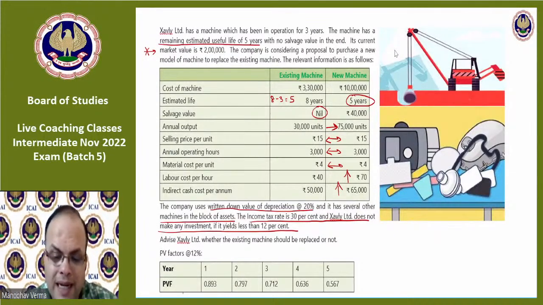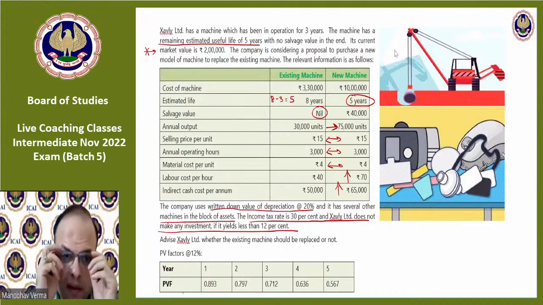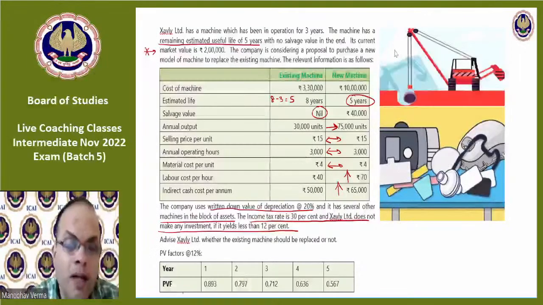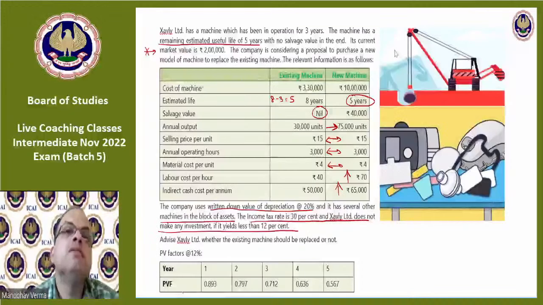So why would there be a tax impact? That's my general question. You may be right, but I want you to think over. I am not talking about the tax impact on the profits, guys. I'm talking about the sale of the machinery.